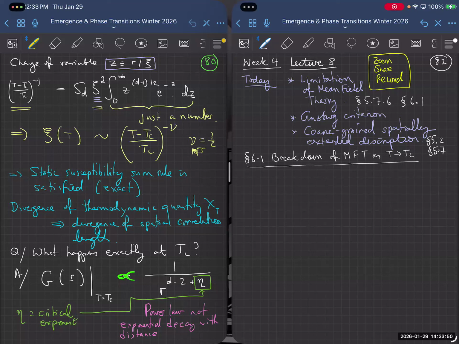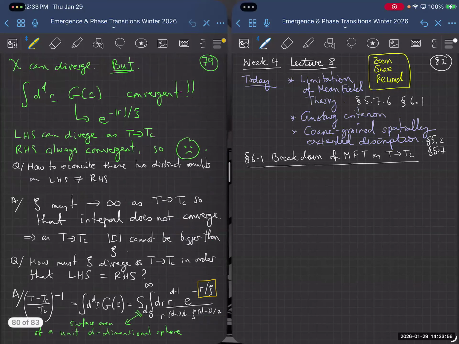So what that argument showed you was that the correlation function decays exponentially with distance. The susceptibility is an integral of the correlation function. The susceptibility we know diverges as the temperature goes towards the critical temperature, but the correlation function decays exponentially, so the integral of the correlation function over space would be convergent and would not diverge.